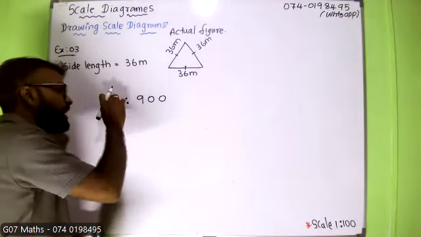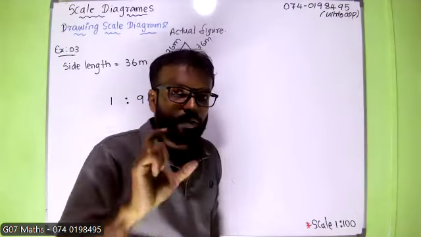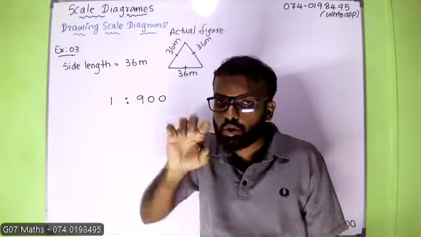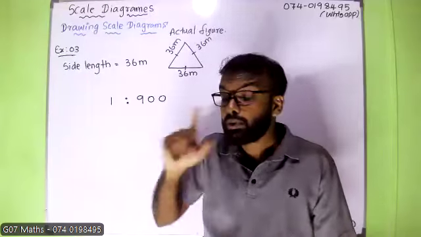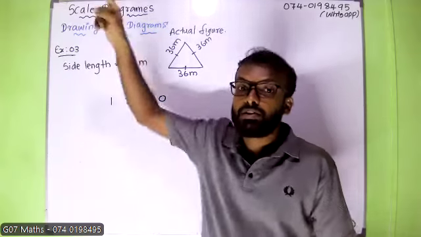So this and this should be in the same units. If you are going to write down a ratio, those two sides should be in the same units. What is the meaning of this ratio? 1 centimeter represents 900 centimeters.